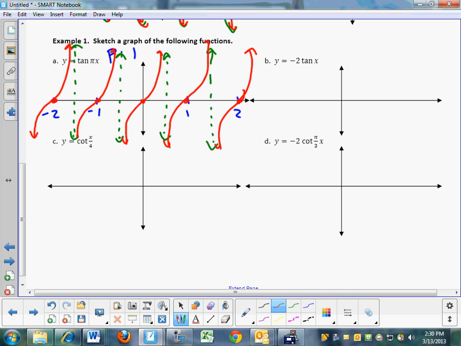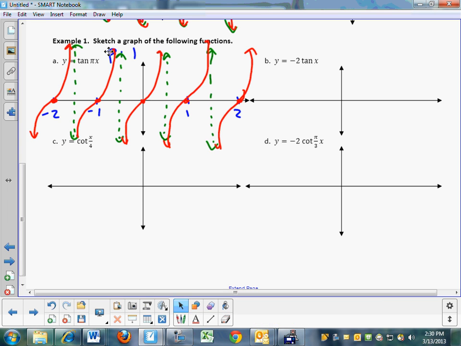Any questions how I got that? So there's really 3 steps you got to think about. A, generate the period. Second of all, mark your zeros and your asymptotes. Third, know the direction. Does it start down, finish up, or start up, finish down? And that's it. Let's try another one.